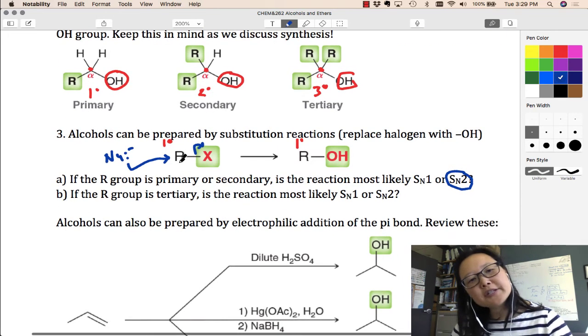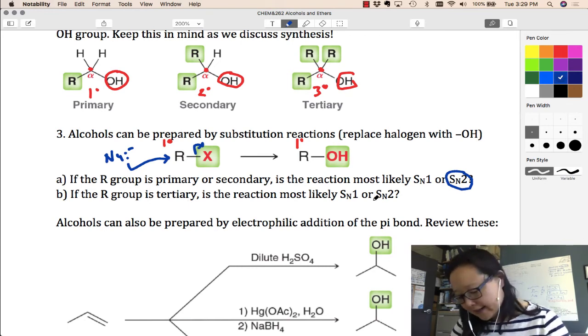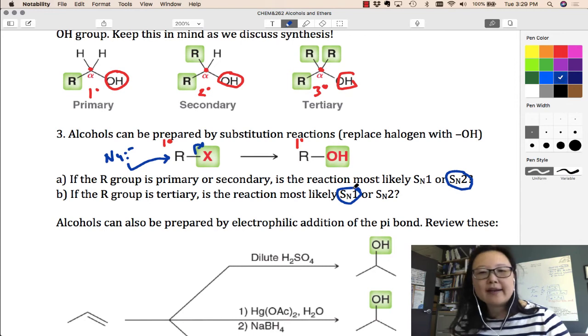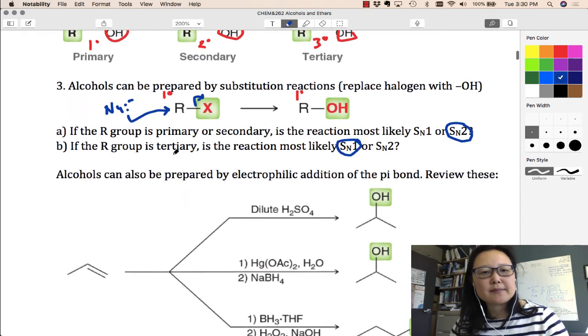If it's tertiary, then by induction you would have more stabilization of a carbocation. So in that case, the mechanism would likely be SN1. And if it's secondary, it actually is more similar to primary, but you can see either mechanism, or it goes both ways sometimes.